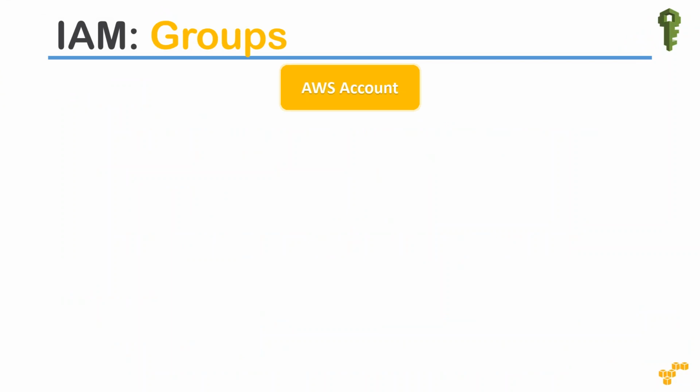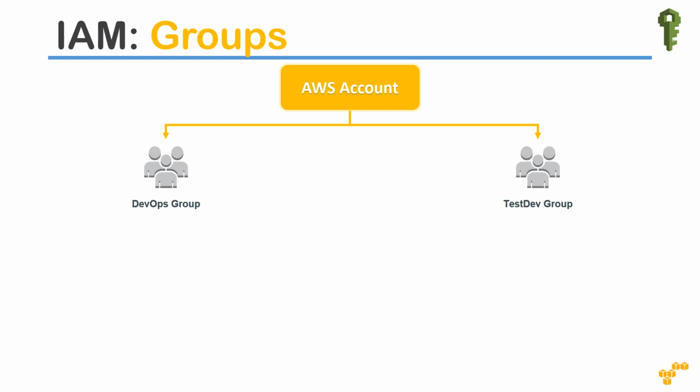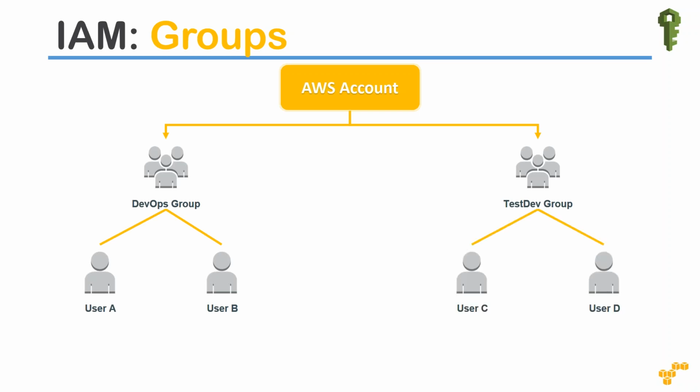Groups, this is a very familiar concept. When you have an account, or let us say a client ABC, and the client ABC will have a couple of teams. Let us call team 1 a DevOps group and team 2 a test and dev group. So under the DevOps group, you will have multiple users as shown here, and again in the dev group you will have multiple users.